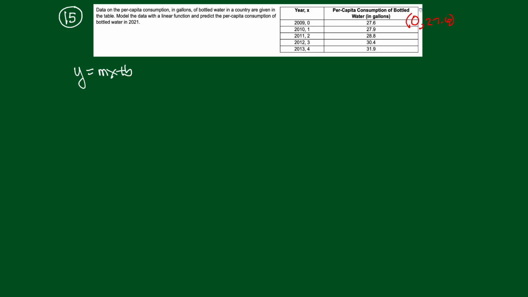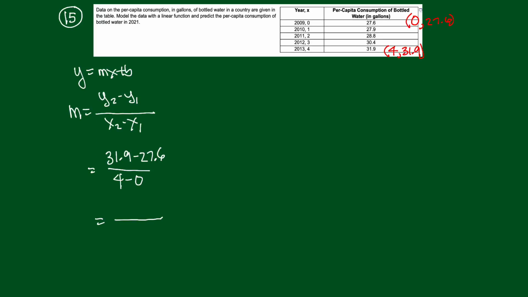And then I could use any of these here, but I think I'll use the last one. I will use 4 and 31.9. Now these are the 2 points I'm going to use, and one of them, you notice, just happens to be the y-intercept, because that first component is 0. So this is where it intercepts the y-axis.